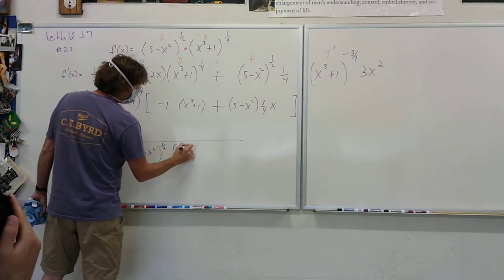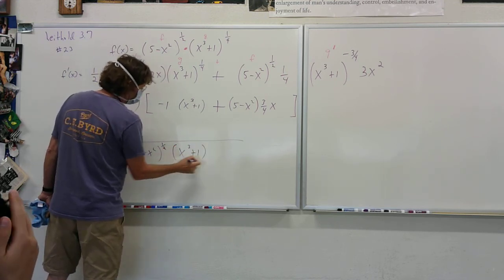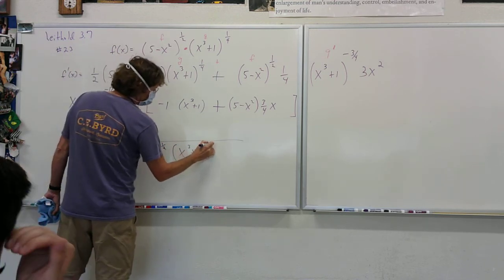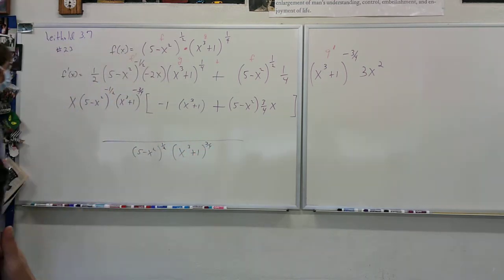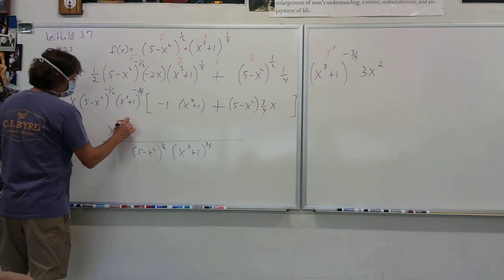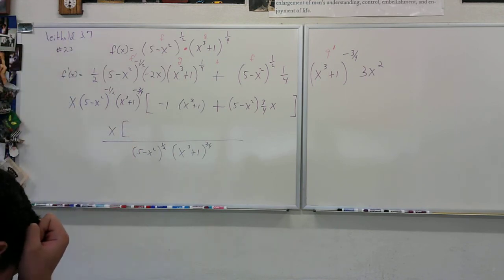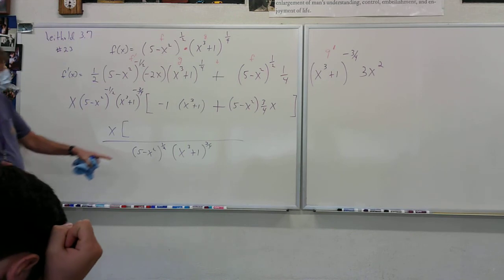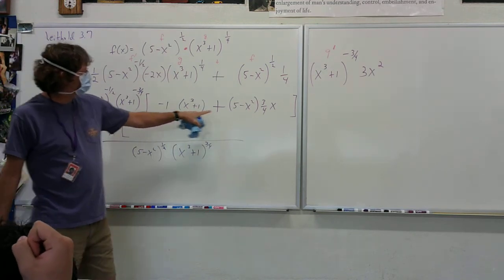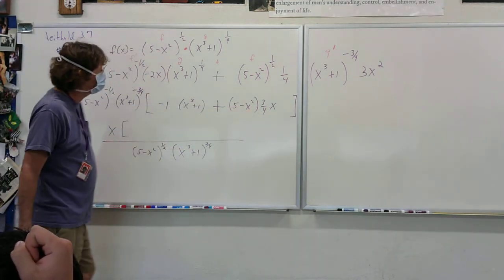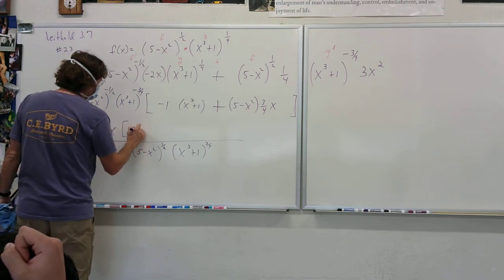Go ahead and take the parts that have the negative exponents and move them to the denominator, just to make it look good later on. And then all I have to do is clean up what's in the brackets, right? I'll have negative x cubed and negative 3/4 x cubed, which is negative 7/4 x cubed.